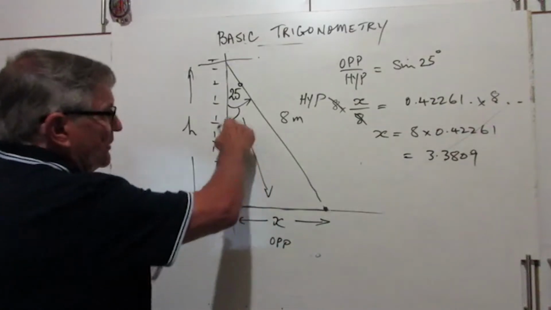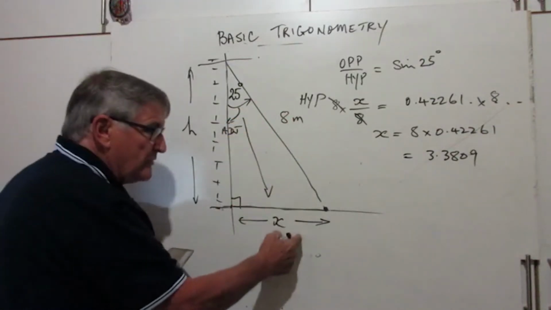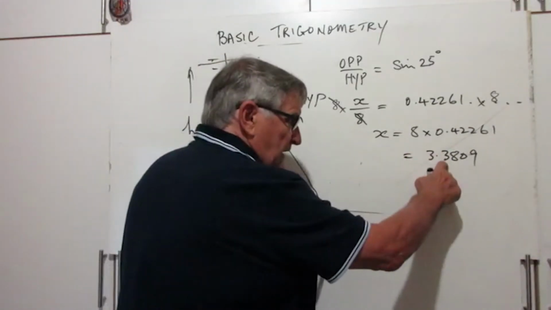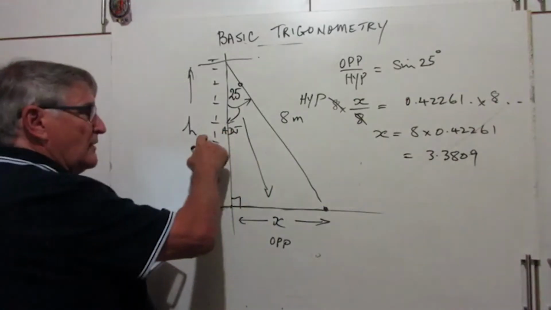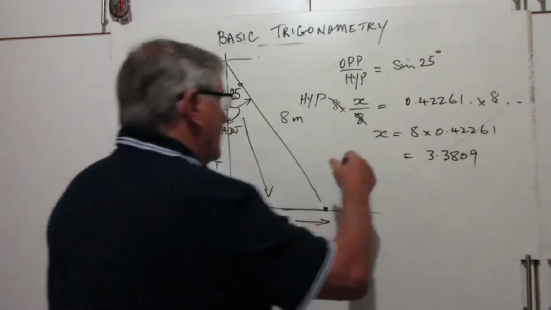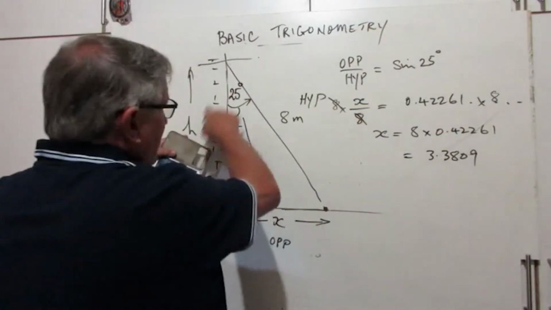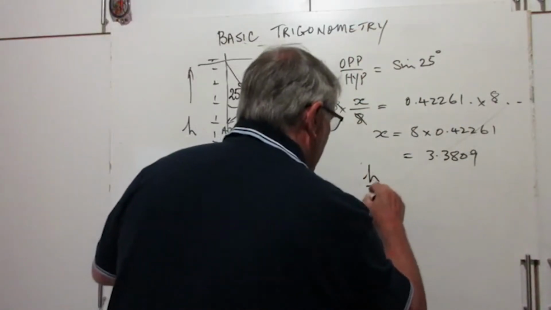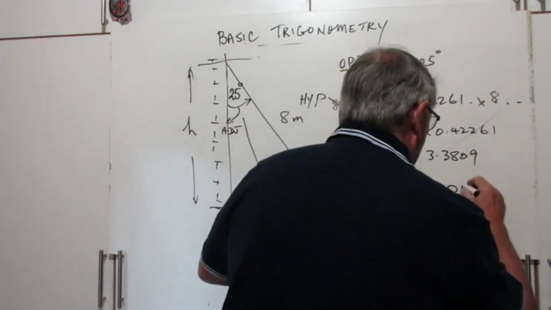Let's look at the height up the wall. This is the adjacent side, this is the hypotenuse. Don't use this, even though we could. If you make a mistake in this value, then you're going to make a mistake in this one. So keep using what you're given. So we could forget that step and say h divided by 8 is equal to the cosine of 25 degrees.